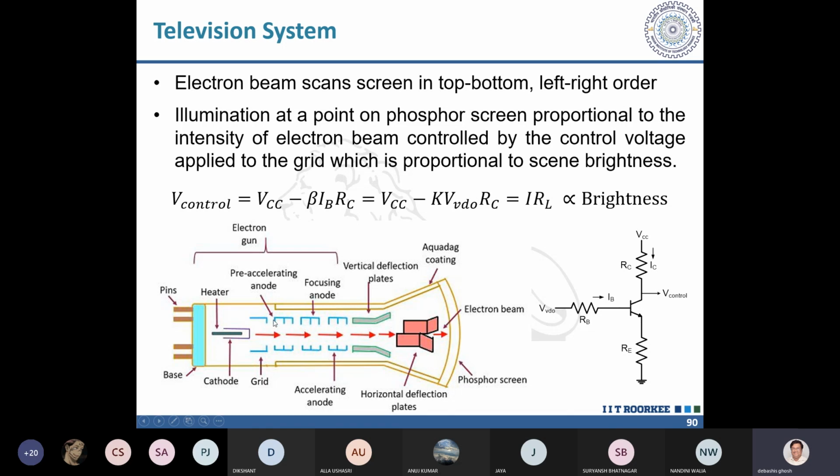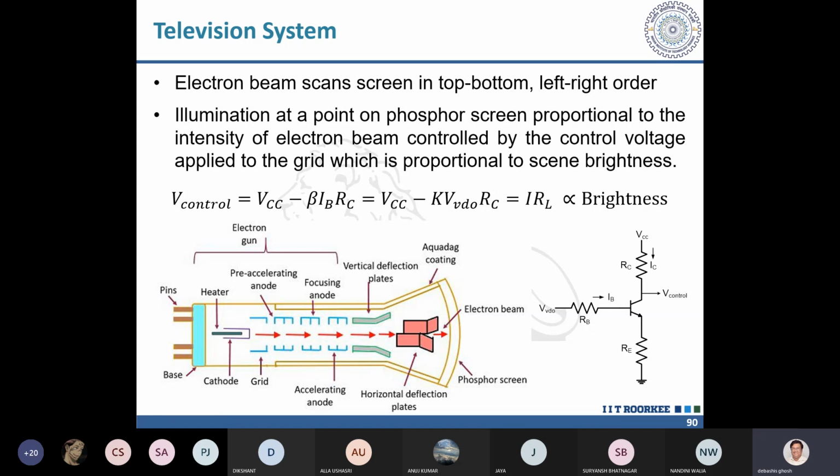If you make them more negative, the electrons will be retarded and reflected back. So you can understand that if I make this anode more and more positive, then it will pull more and more electrons from this electron beam, which will be going to the phosphor screen.